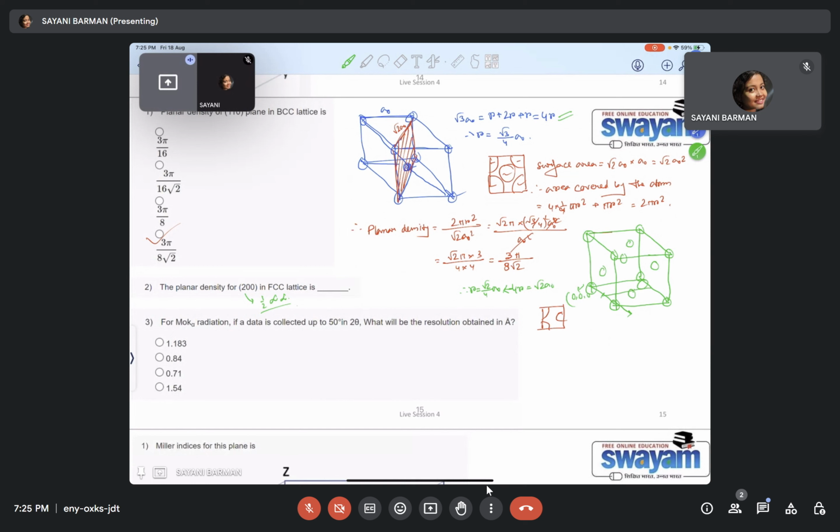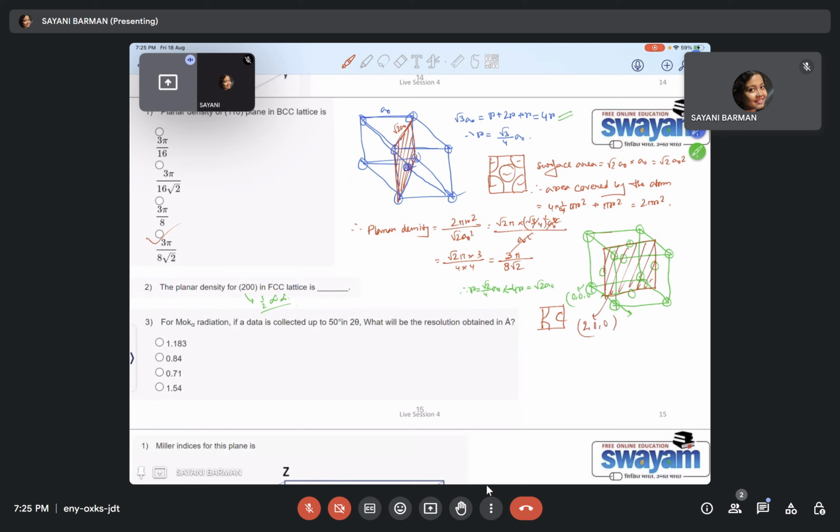So this should be this, right? Here, this one will be the correct answer. So this is the plane at the middle. Okay. So this is the half zero zero plane, the 200 plane.